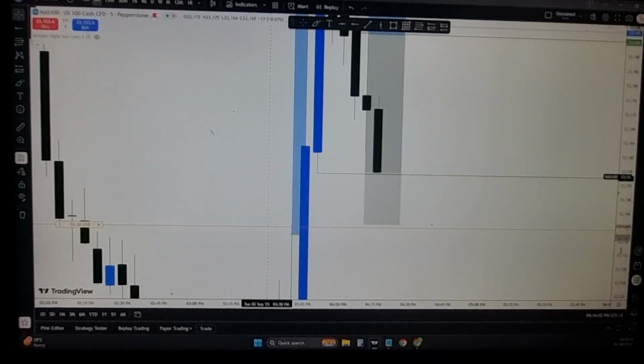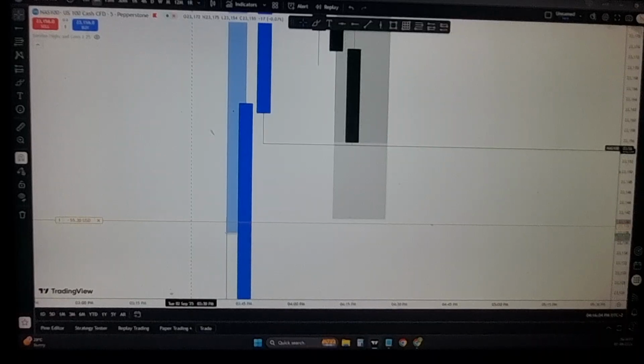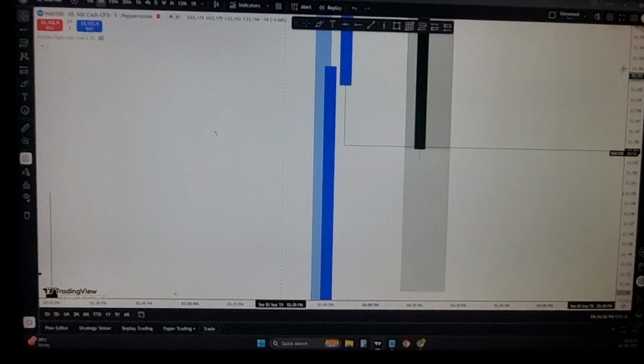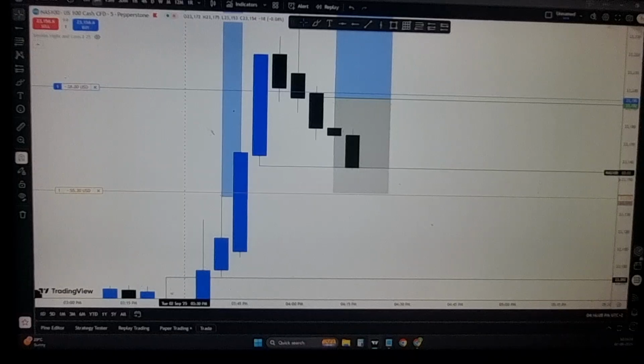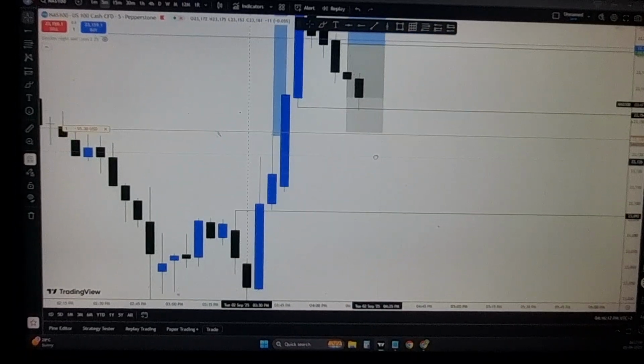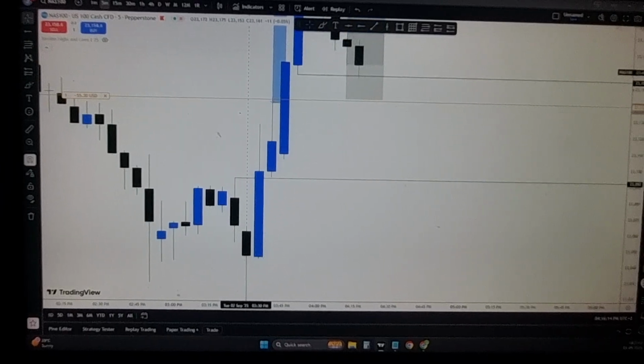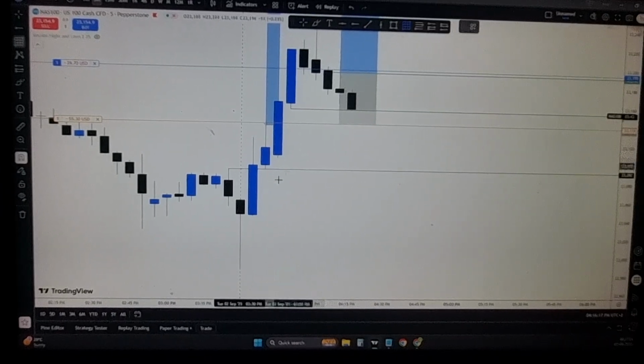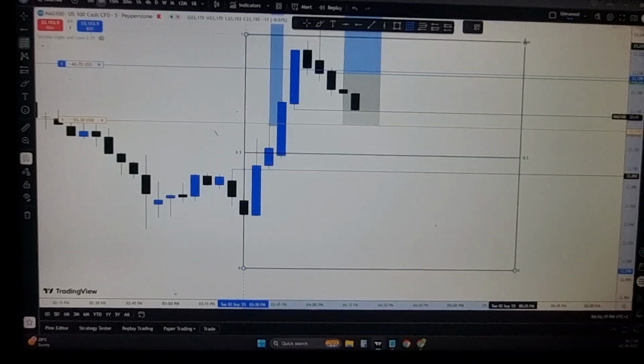Okay, we're entering this fair value gap over here. Okay, we just entered. Sweet. If I'm not mistaken, that's also, no it's not. Still not even close.